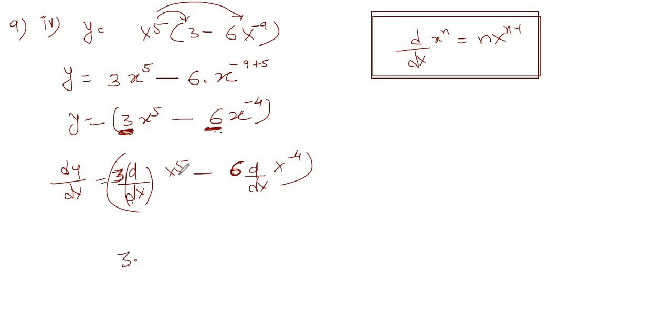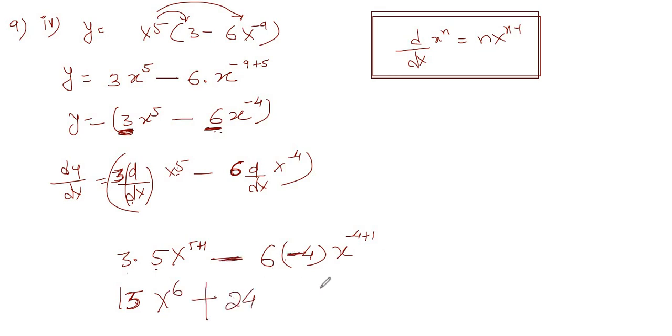So 3, what will be the derivative of this? 5 into x raised to power 6, minus 6 into minus 4 x raised to power minus 4 plus 1. Correct? Here I have directly written; if you want, you can write 5 plus 1. So 3 5s are 15, x raised to power 6, and this minus and this minus will become plus x raised to power minus 3. So this is my answer.